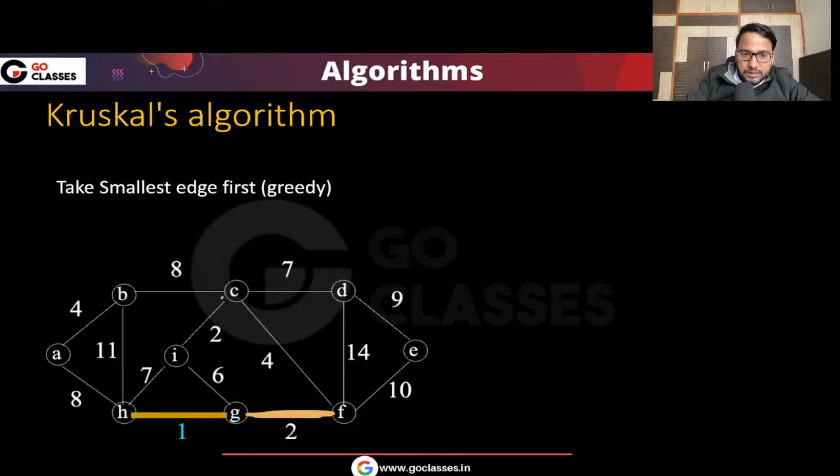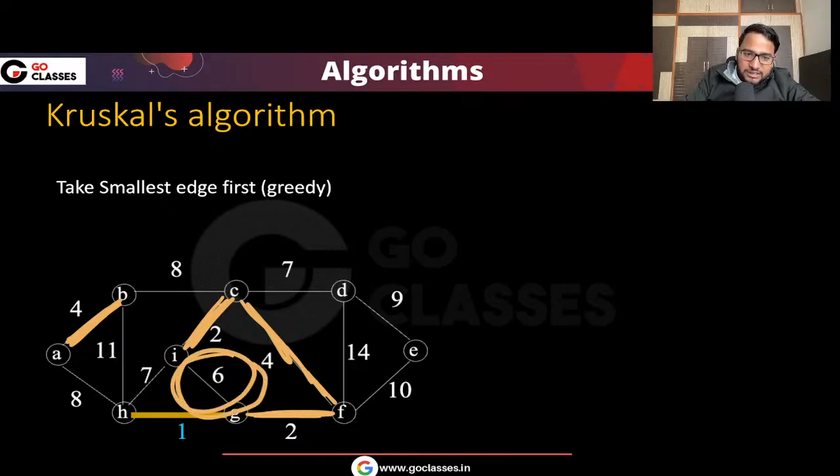If it is not forming a cycle, it will keep on taking the next minimum. And then this 6 is forming a cycle. See, in Kruskal's algorithm you can encounter a cycle. So since this 6 is forming a cycle, you will not take 6. This 7 is also forming a cycle, so you will not take this 7.